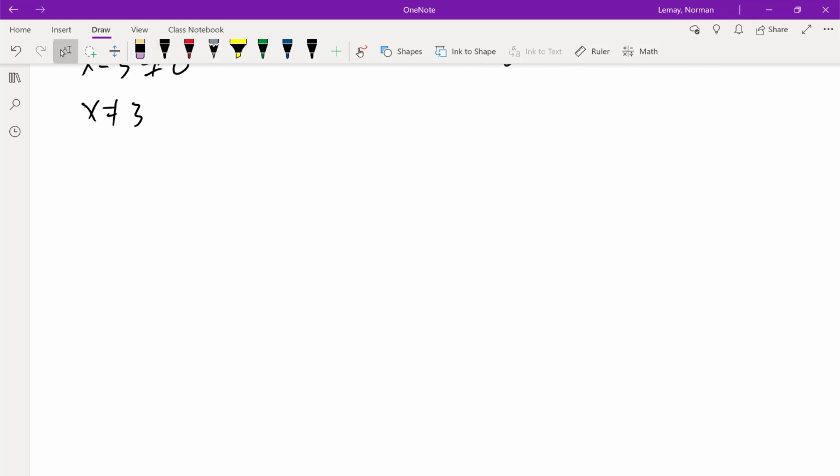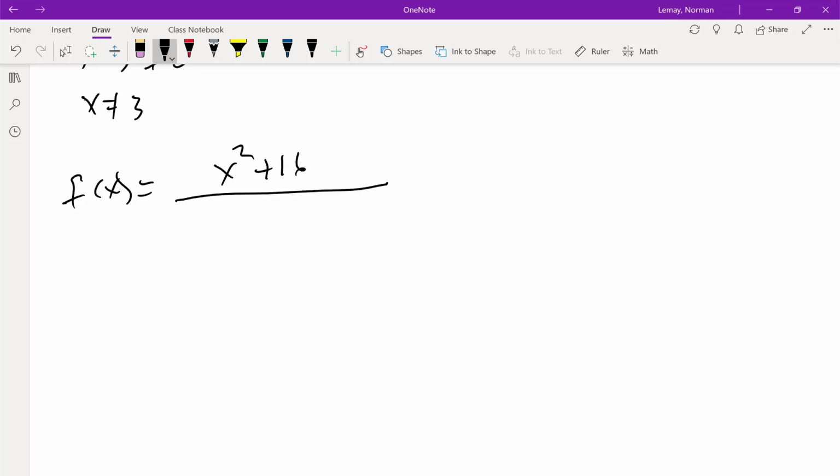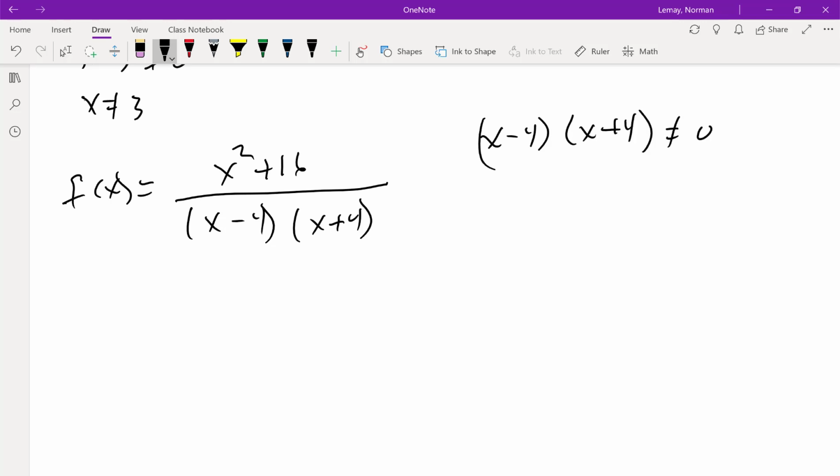Let's take a look at another one: f of x equals x squared plus 16 divided by x minus 4 times x plus 4. In this case, our denominator is already factored. So we take the denominator, x minus 4 times x plus 4, and note that this cannot equal 0.